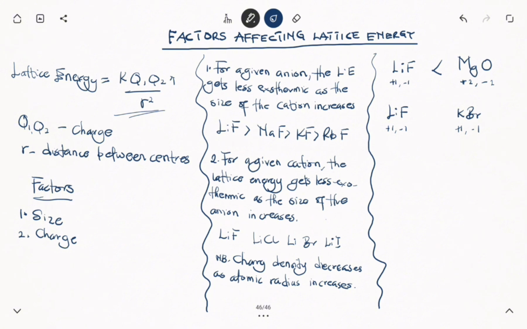Now lithium has a smaller size compared to potassium. Fluoride also has a smaller size compared to bromide. So we can clearly see that among the two, lithium fluoride will have a higher lattice energy compared to potassium bromide. This time the size of the cation and the anion is distinguishing their lattice energy.